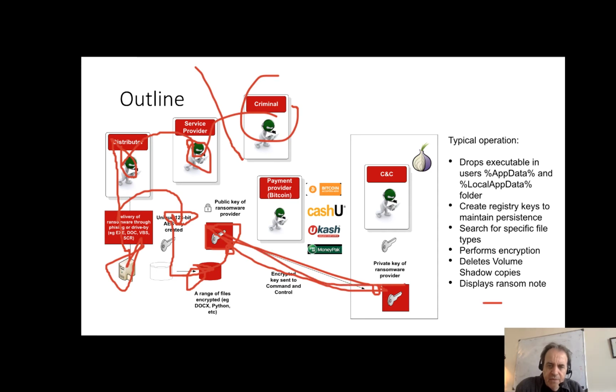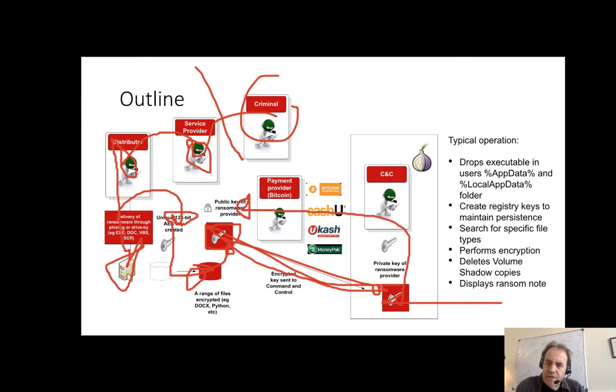And then only the private key of the command and control would be able to decrypt it. And then once they've paid the ransom, this key is sent to the host and then used to decrypt. But there's no guarantee that even though the money is paid, that the data will be recovered properly.